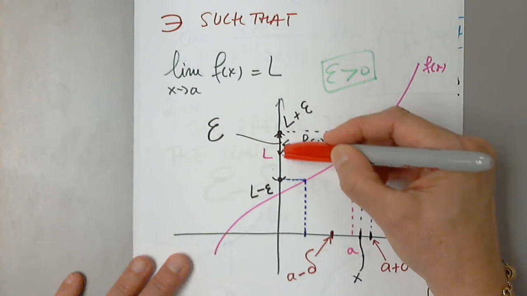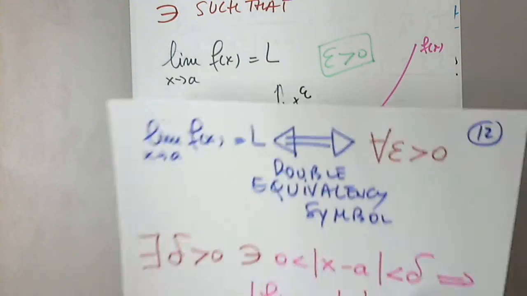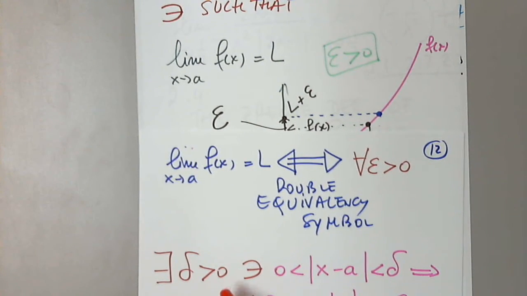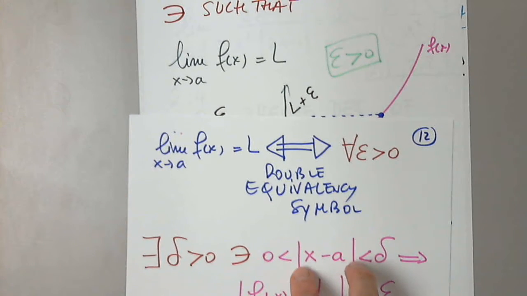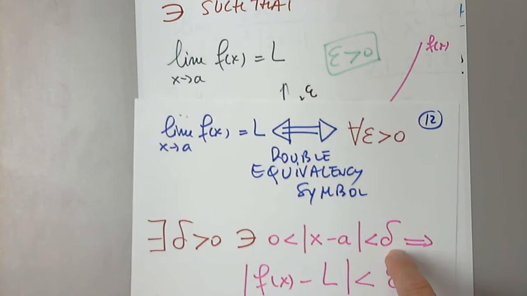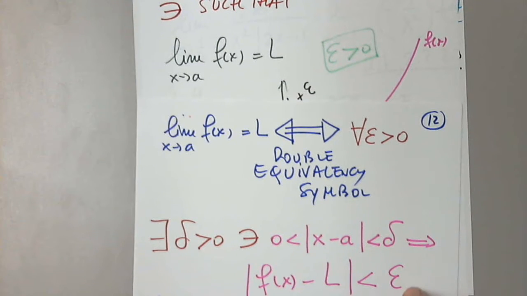The distance between f of x and L will be less than epsilon. So for every epsilon greater than 0, I will find the corresponding delta such that every time I pick x so that the distance between x and A is less than delta, that will always result in the distance between the function and L less than epsilon.